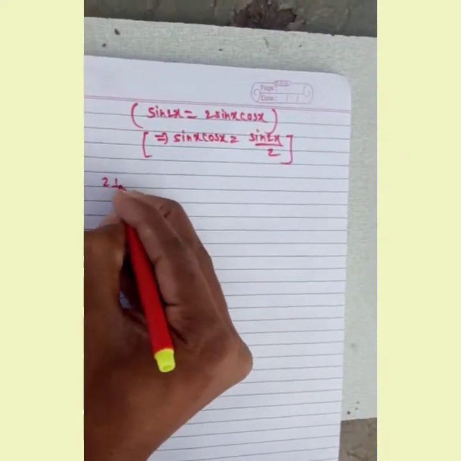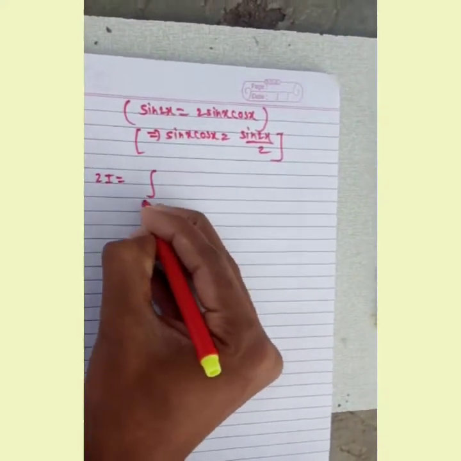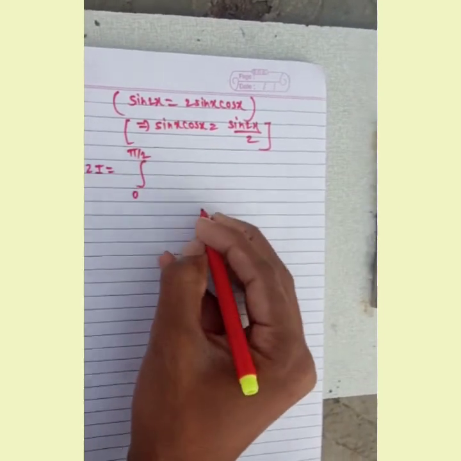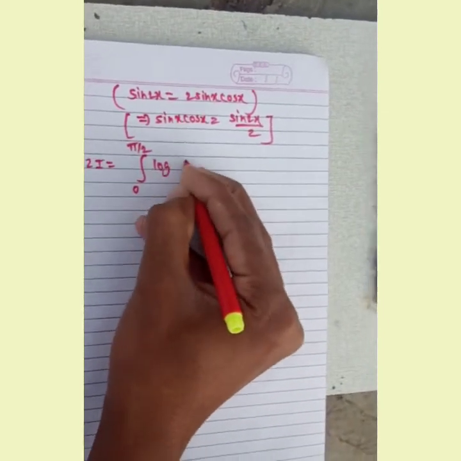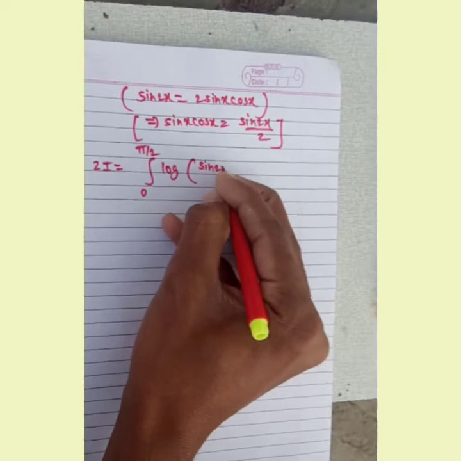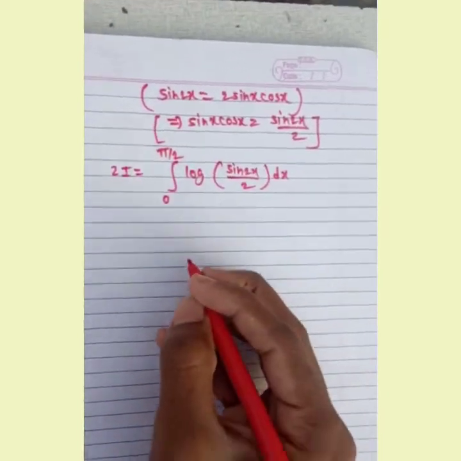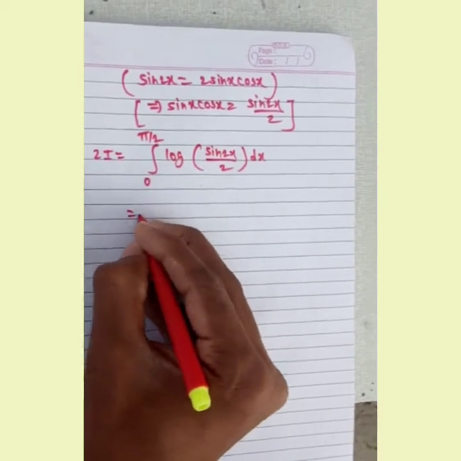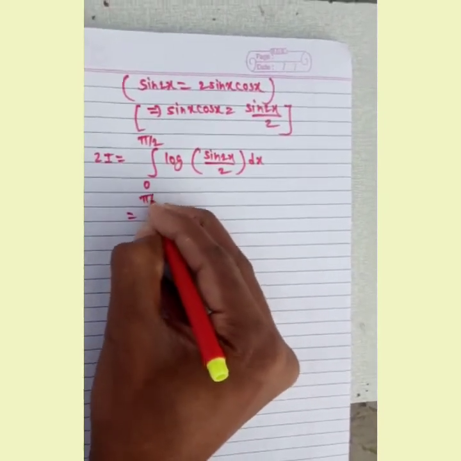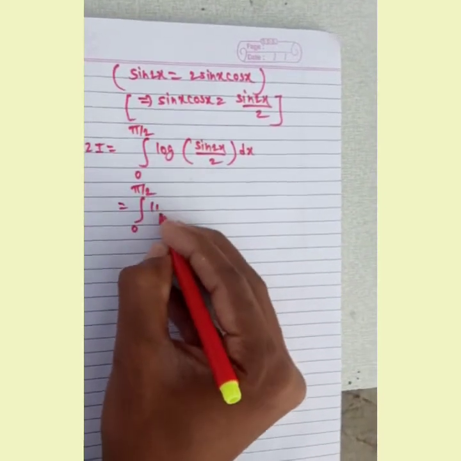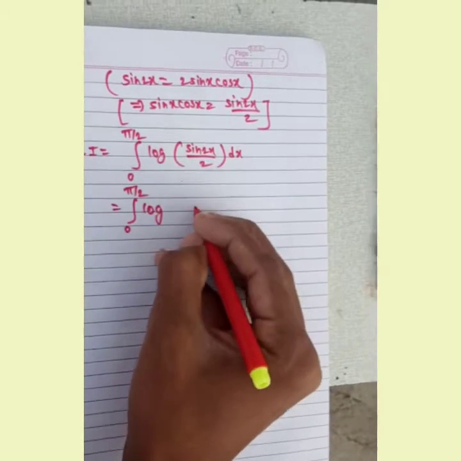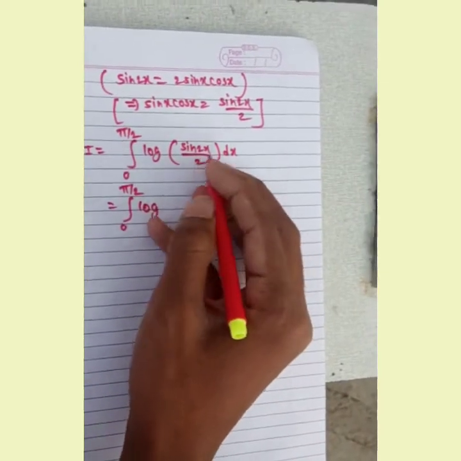So 2I is equals to integration from 0 to pi by 2 log of sin 2x upon 2 into dx. Now again we will use one of the properties of logarithm: log of a upon b is equals to log a minus log b.